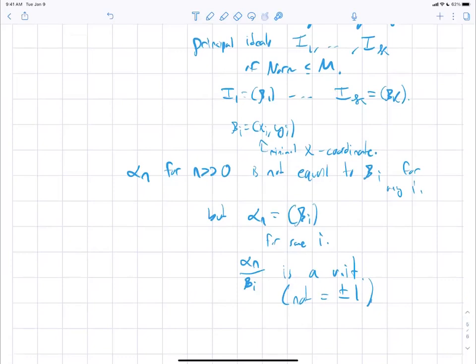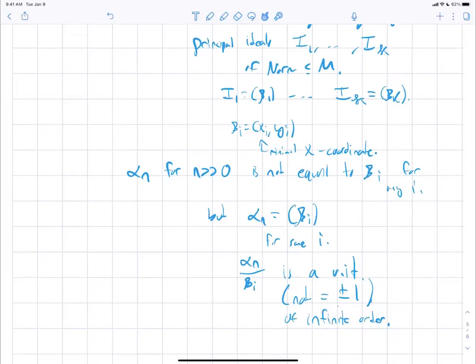So its x coordinate won't have absolute value 1, so it can't be a root of unity by this earlier characterization of roots of unity. Okay, so good. That's the idea. So that gives you that this is of infinite order, and that's all we need to show. We need to find one unit of infinite order.